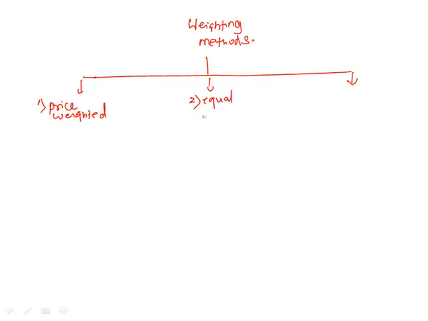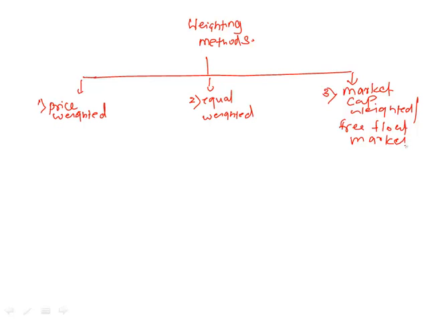Number two, equal weighted. And number three, market cap weighted. And there was one more variant which was, yes, free float market cap weighted. Do you remember this stuff?